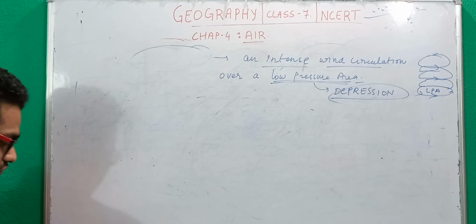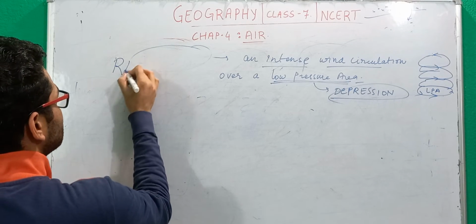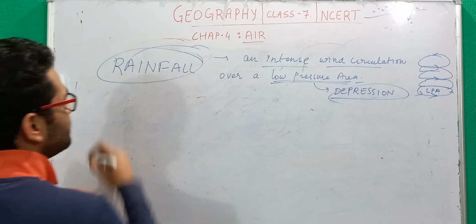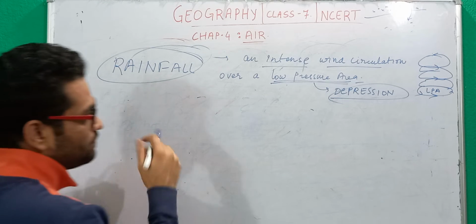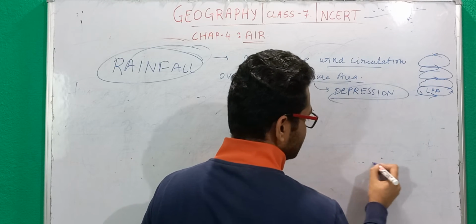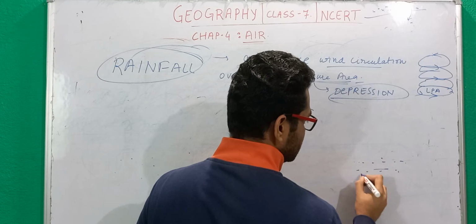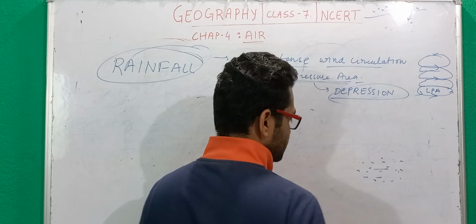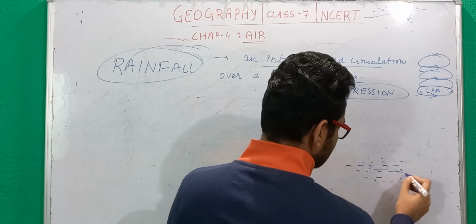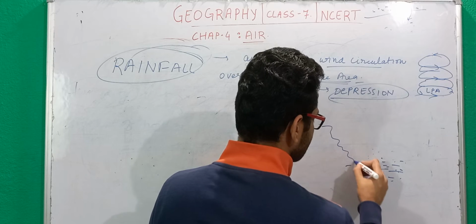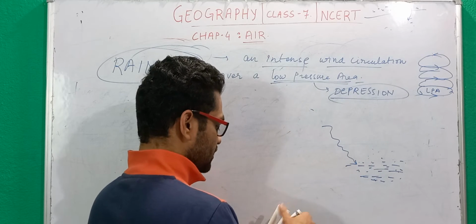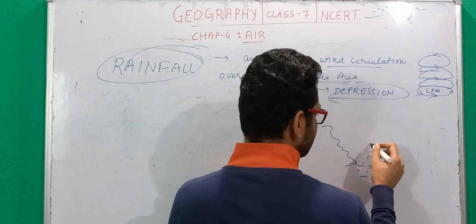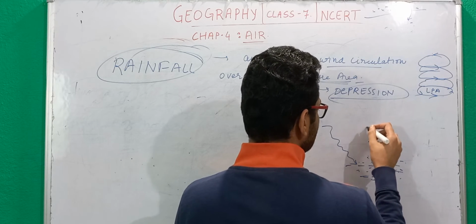When we talk about how rainfall occurs, the basic mechanism is that there is water, and with an increase in temperature the water converts into water vapor. Suppose this is water, and because of the sun's radiation it has heated up and been converted into water vapor, and now this water vapor will rise up along with air.